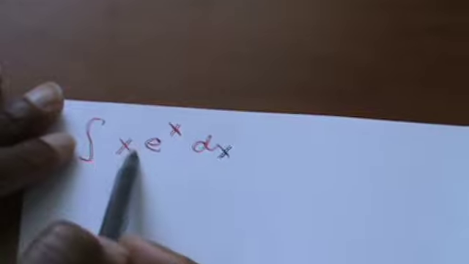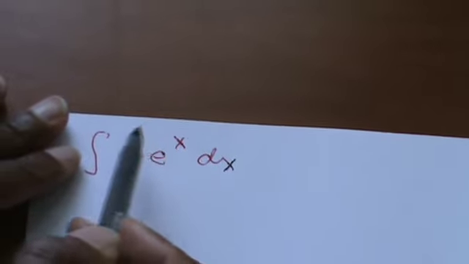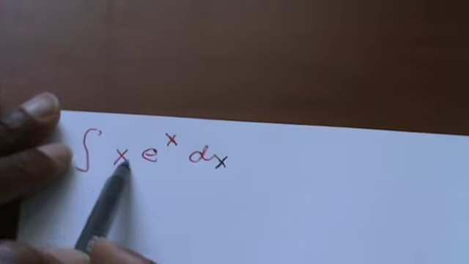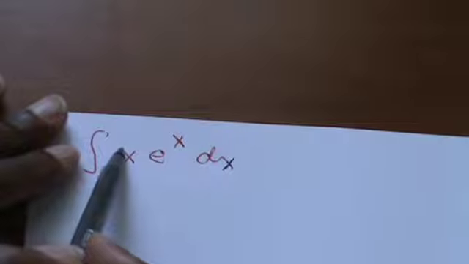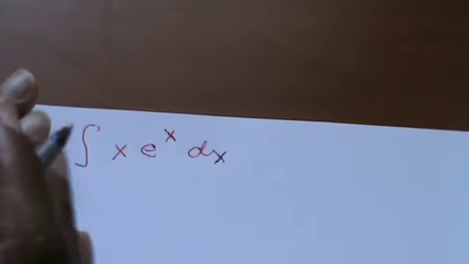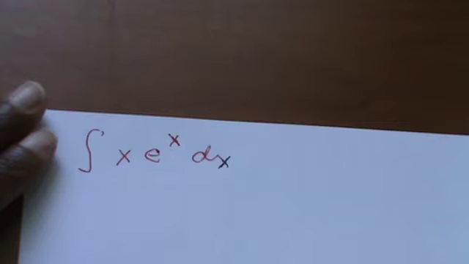For example, if we chose u to be e^x, then the derivative of this would be e^x, and there'd have to be another e^x right there. If we chose u to be x, then the derivative of that would be 1, and we'd have an extra e^x sitting there. So there's no simple u substitution that can be done in order to take this antiderivative. So we're going to do this using integration by parts.